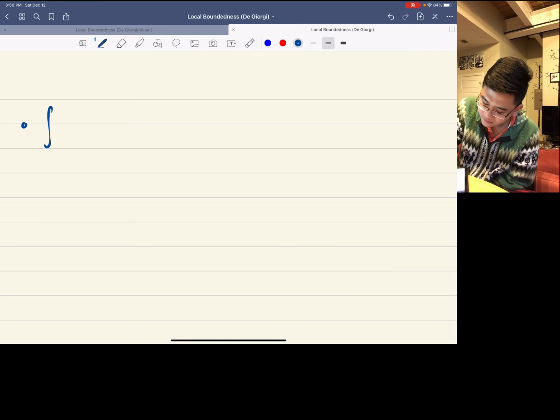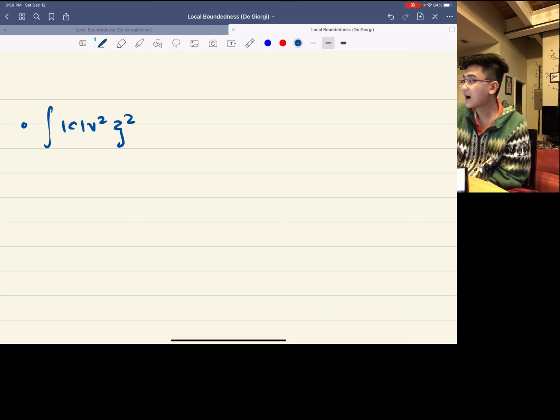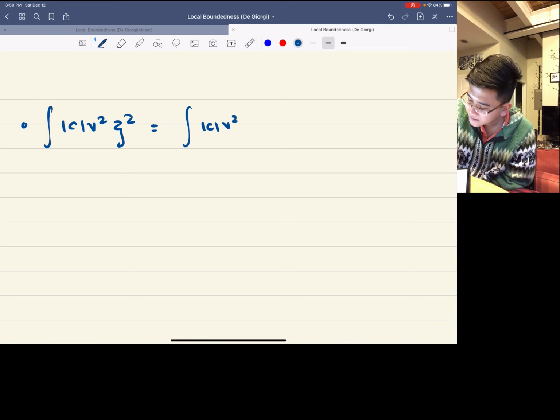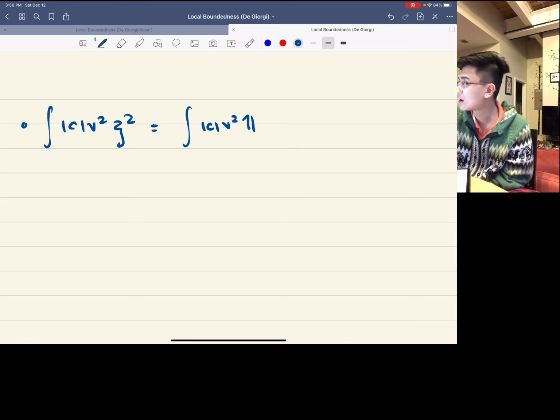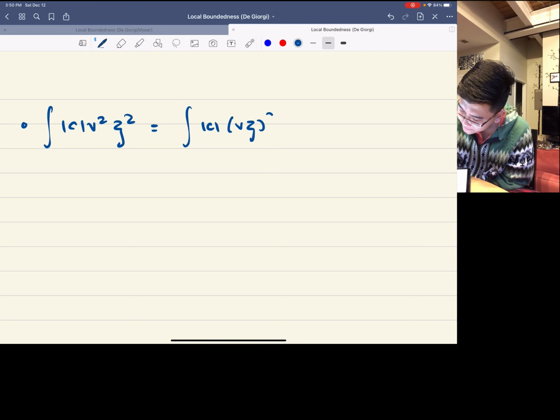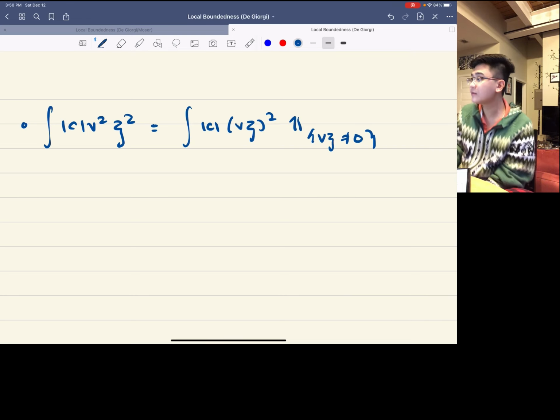So the first term is this one. I am going to write this as c v squared zeta squared times the indicator function of the set where v zeta is not 0.